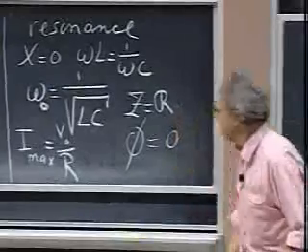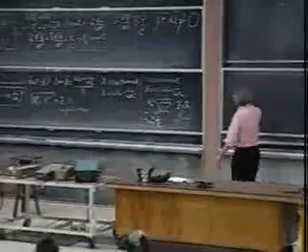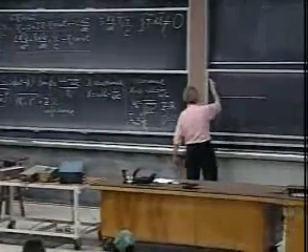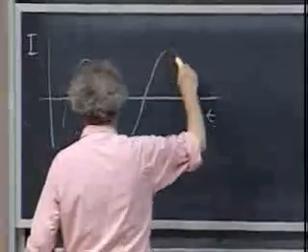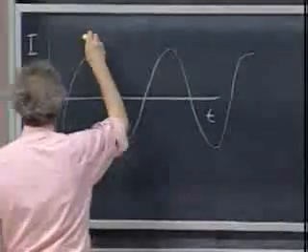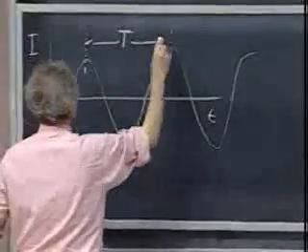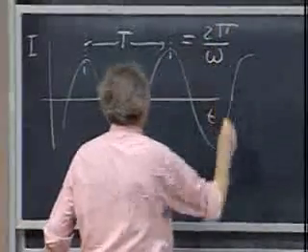And so the signal that you will see is a cosinusoidal variation in the current. So if I have here the current as a function of time, then you get a signal like so. And this here, this period T, equals 2 pi divided by omega.